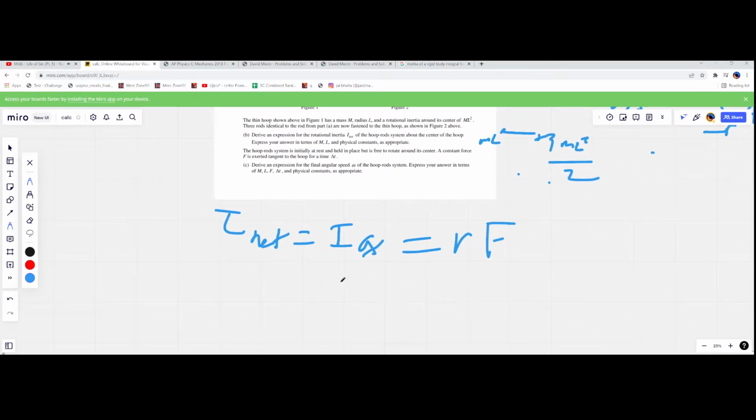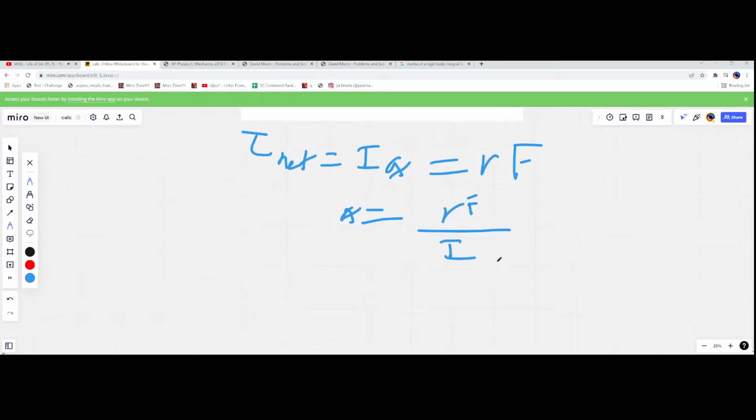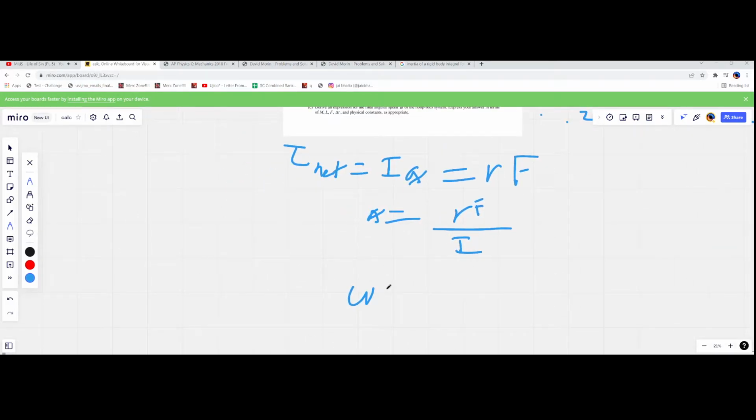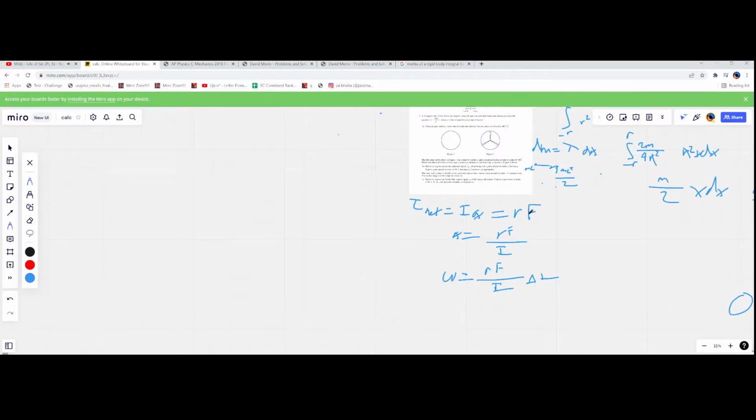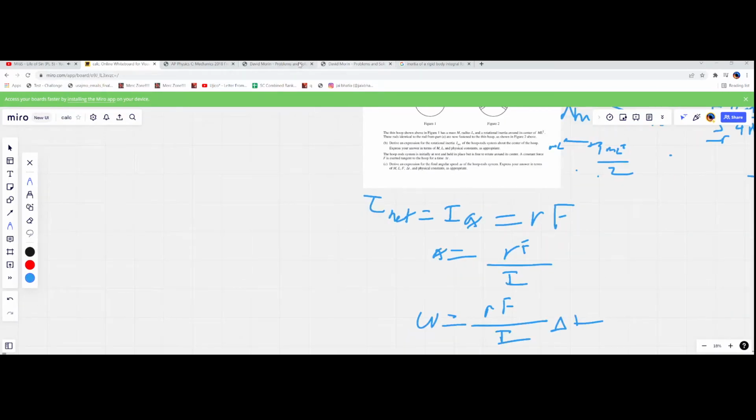So then alpha equals RF over I. And then w is just equal to the integral of this dt, RF over I delta t. And then you just substitute in I is 5ml squared over 2, and then F is F. Okay, that's part C.